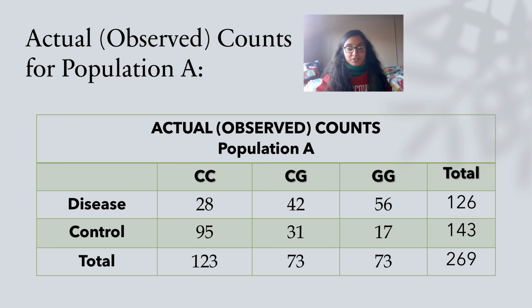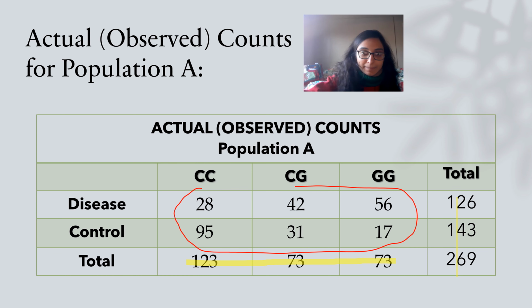These parts remain the same. The total counts always remain the same. As we look here, these remain the same, 123, 73, 73. It's just these values here that we are varying based on our expectations. These values are what we're changing.